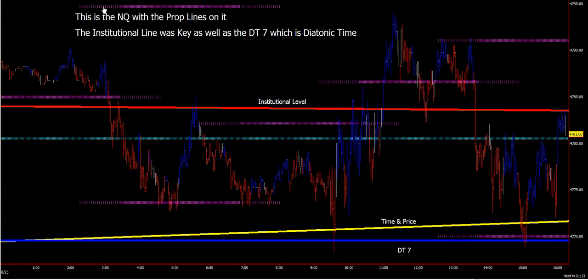There's a couple of things on here that I wanted to go over, but if you notice, I've got three different lines on here. I've got this red institutional line right here, as I have it marked institutional. I have a time and price line, this yellow line here, and I have a DT7 line, which stands for Diatonic Time.